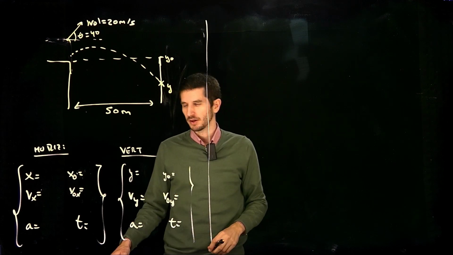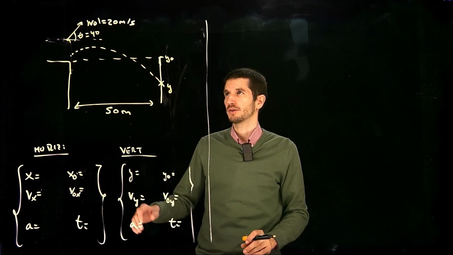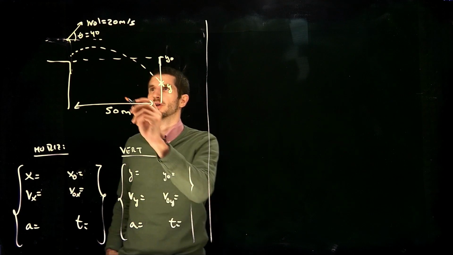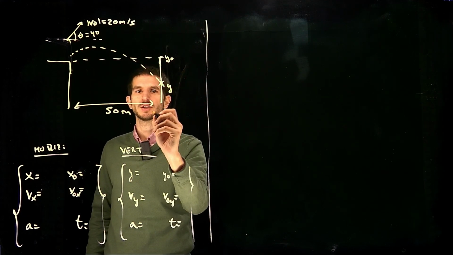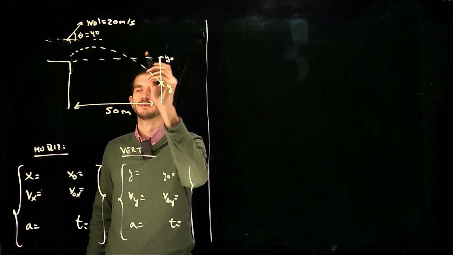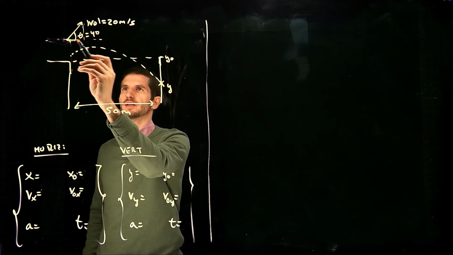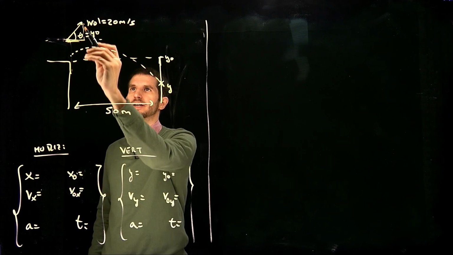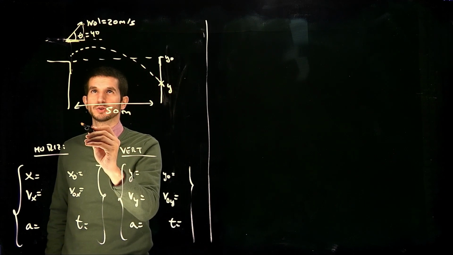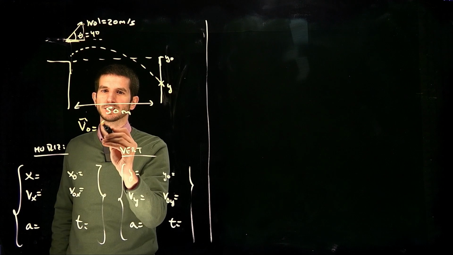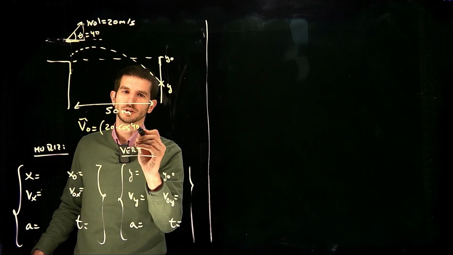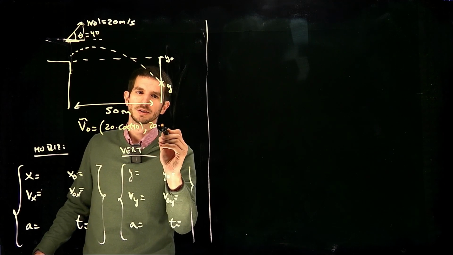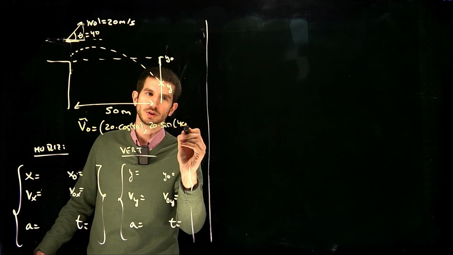So let's start identifying information. Of course, the first thing we need to know is SOHCAHTOA, and again, we can just describe our motion. In this case, with the vector, the cosine is going to give you the x, the sine is going to give you the y, so the initial velocity vector can be written as 20 times cosine of 40 degrees and 20 times sine of 40 degrees.